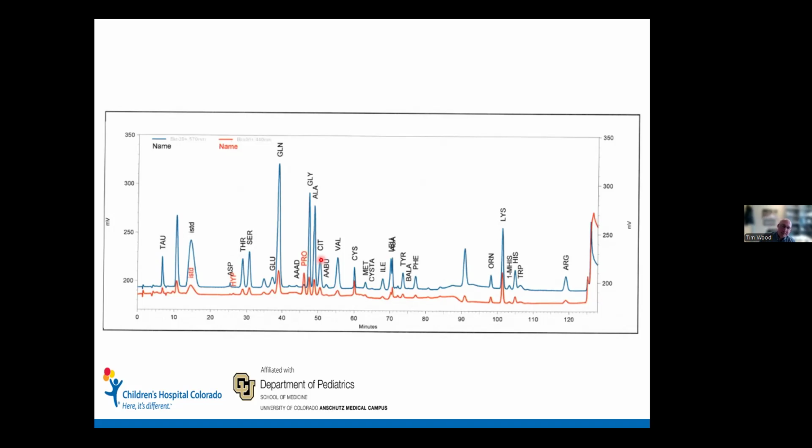And actually that patient had normal citrulline, but using mass spectrometry, they were able to pick up the ASA. So it's an outlier, but it's certainly a patient that taught me something.